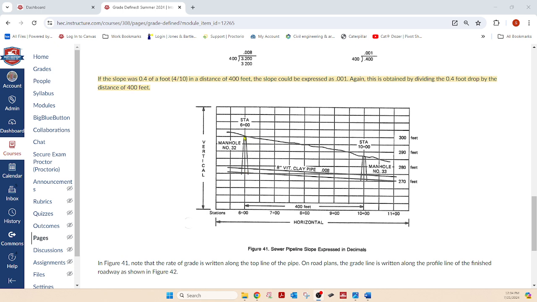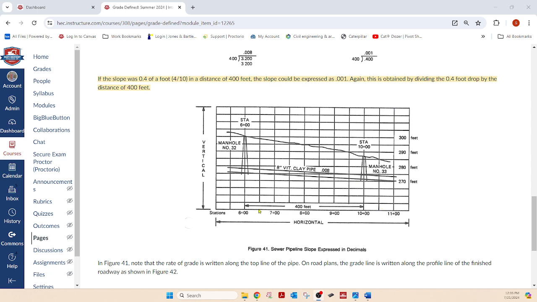And the reason they're little at the top and large at the end: when you scale a roadway, your horizontal distance will be at a different scale than your vertical distance.